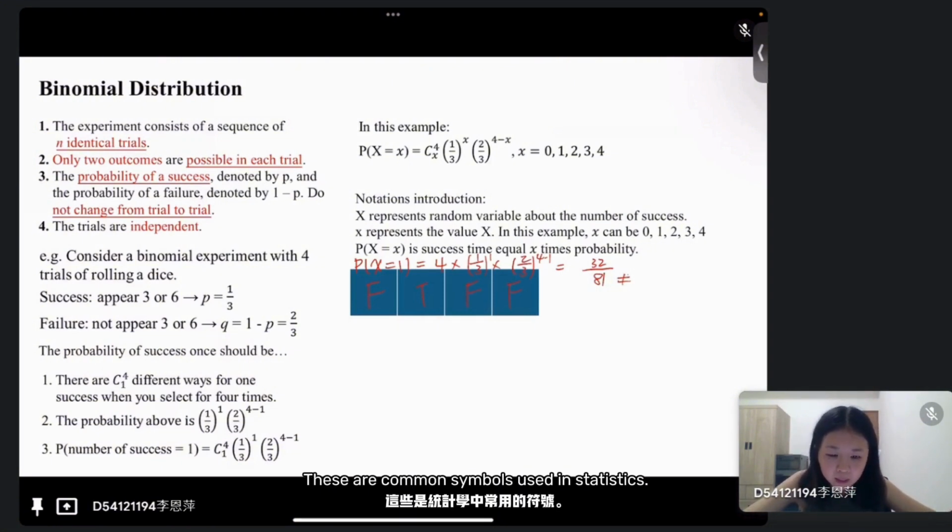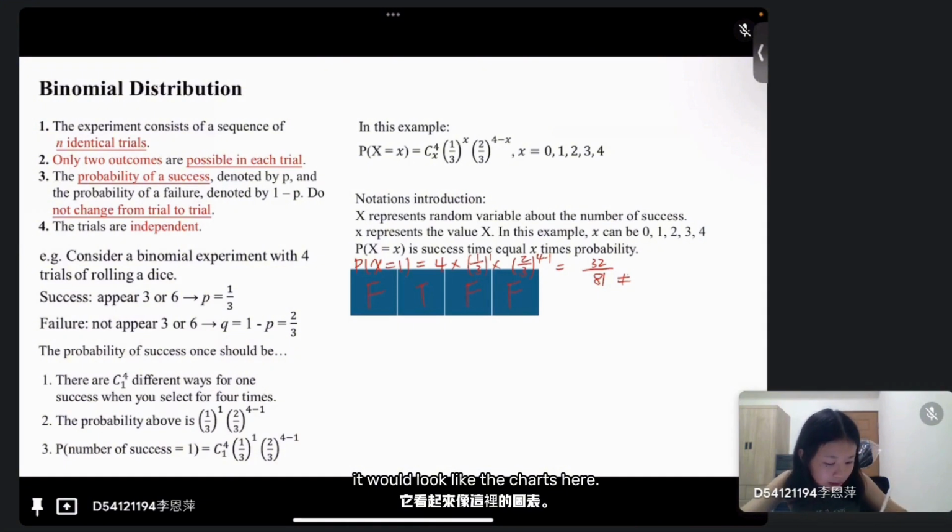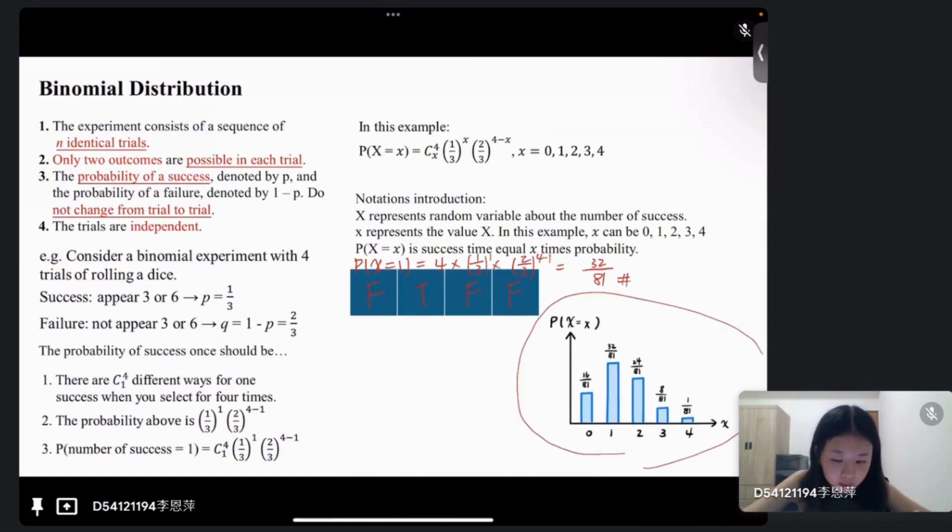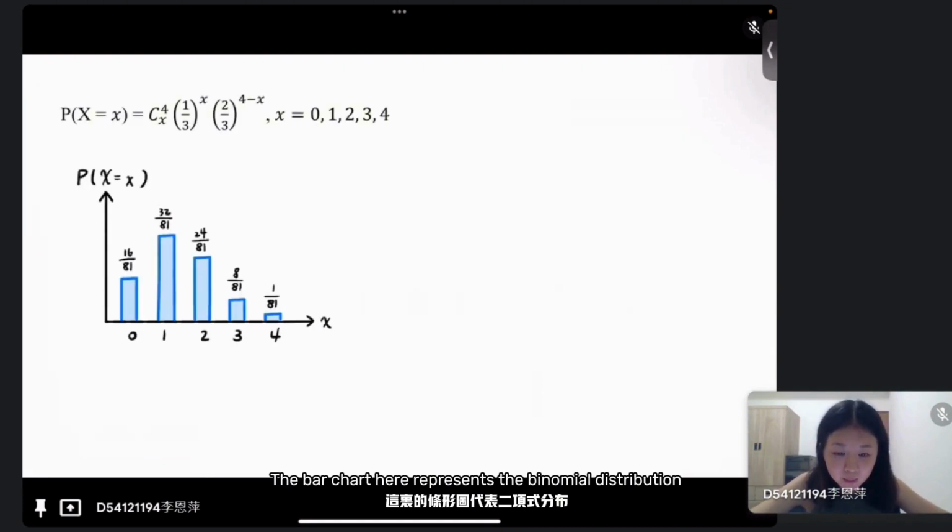These are common symbols used in statistics. Now, I calculate the probability for each possible value of the variable and plot them in a bar chart. It will look like the chart here. The bar chart represents the binomial distribution I want to introduce.